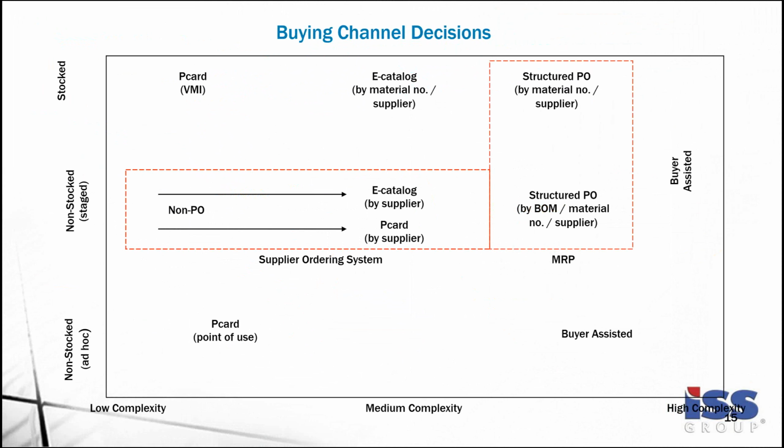Now, this is not really a very popular channel, but it's done quite a bit. You can see it goes over to e-catalog, and then structured PO, the more complex it gets. So this kind of helps you think through what materials and what vendors, and it's basically driven by the need of the user and where they fit. Next slide.